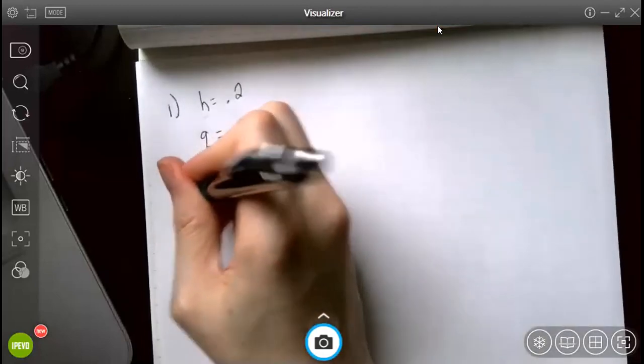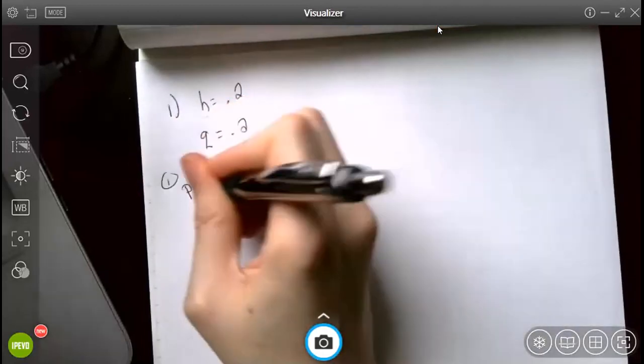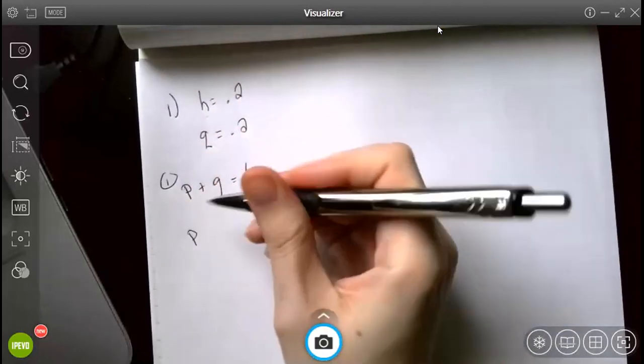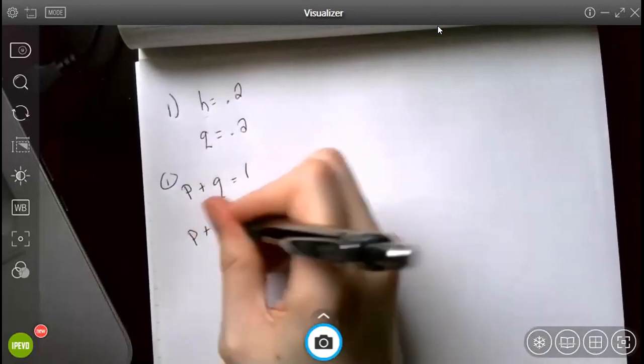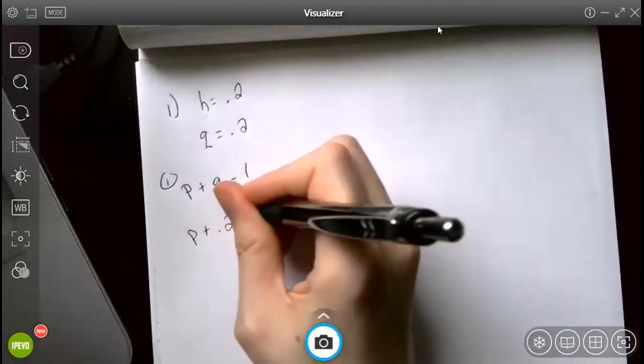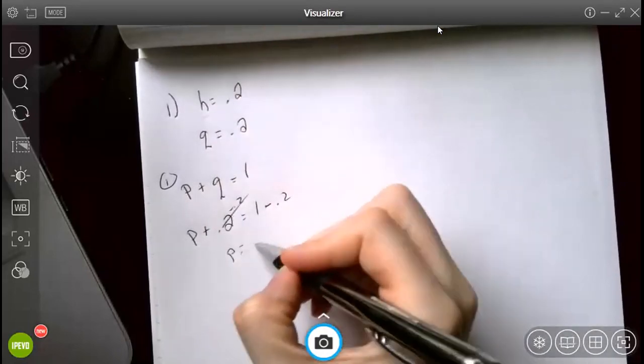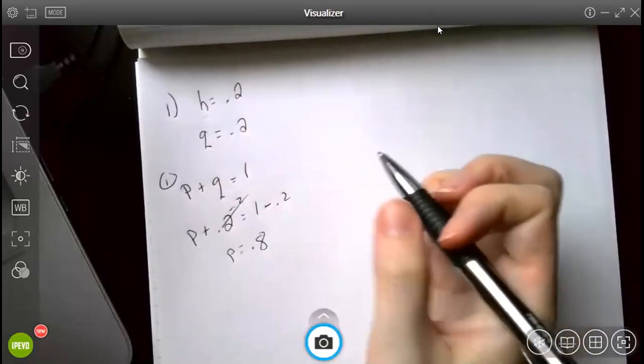So I'm going to start with my formula p plus q equals 1, which then tells me that p plus 0.2 equals 1. And if I move the 0.2 to the other side, I get a p value of 0.8.